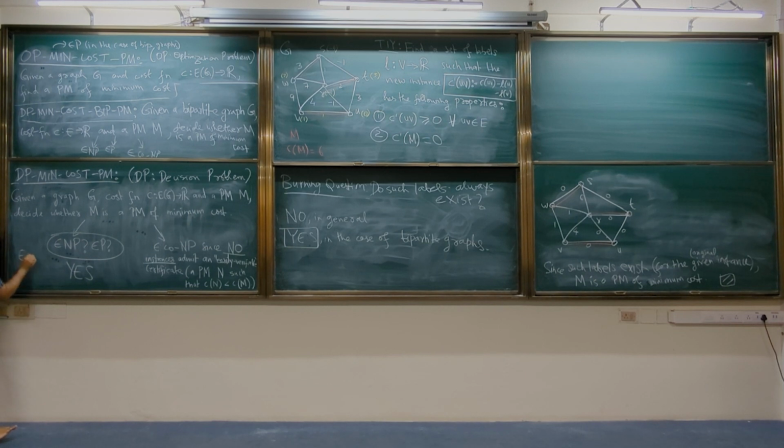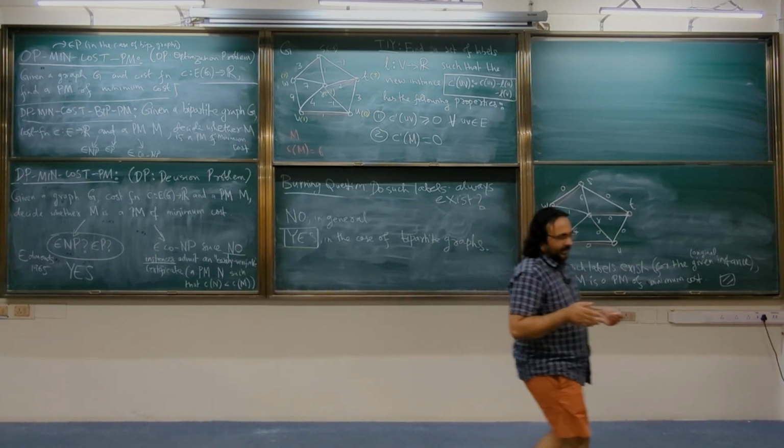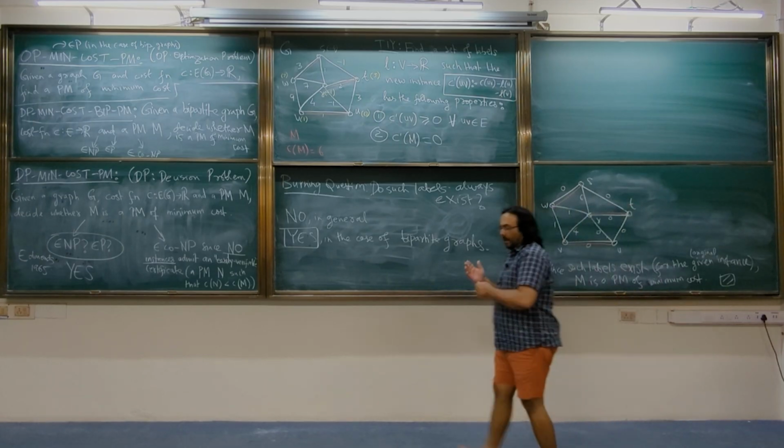And this is because of Edmonds, 1965. Okay? Well, the bipartite case is actually much older. Generally, it's called the Hungarian algorithm. The Hungarians have figured out many things much before the non-bipartite case was solved.